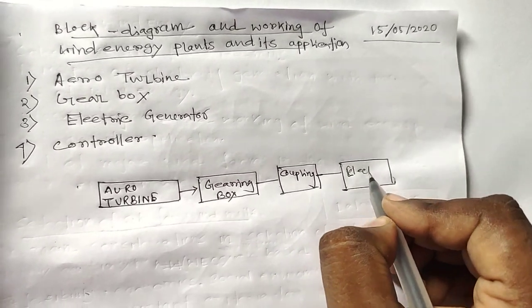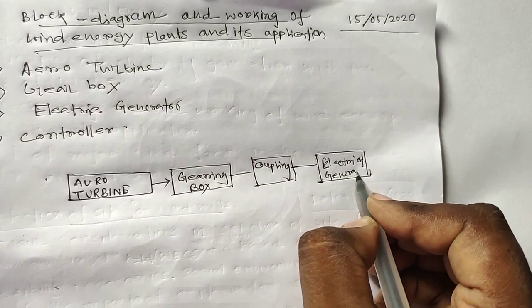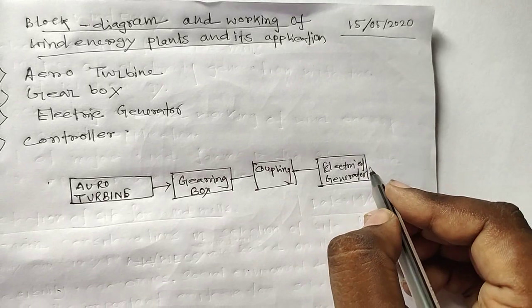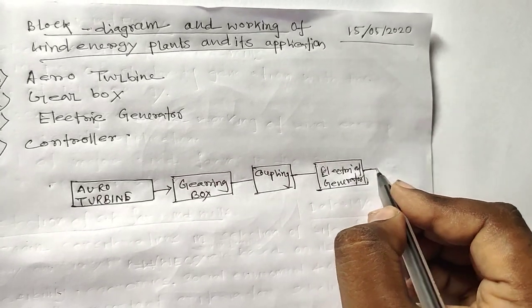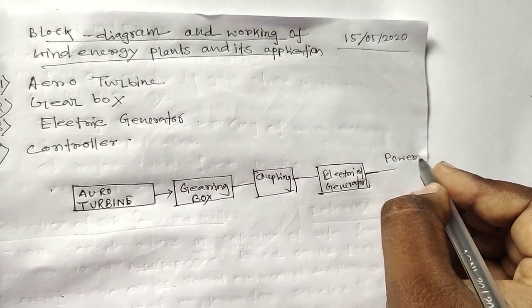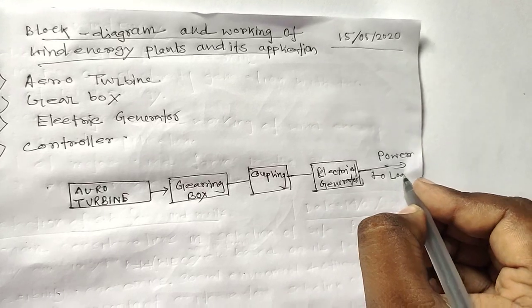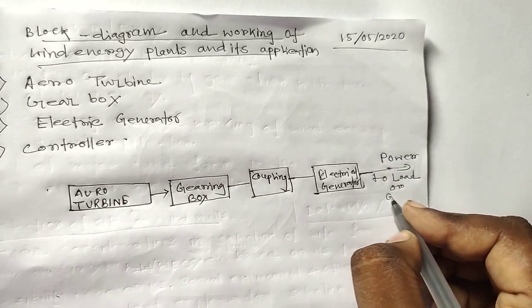The generator gives the output power. This power goes to load or grid connection.